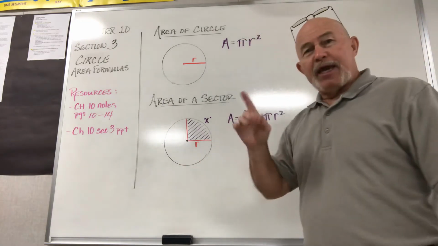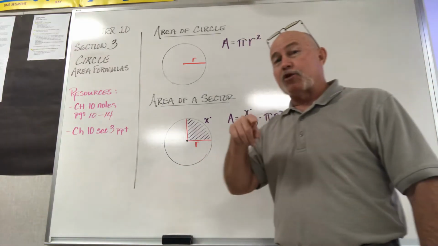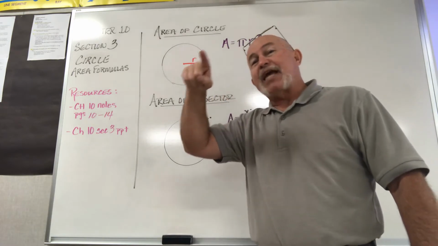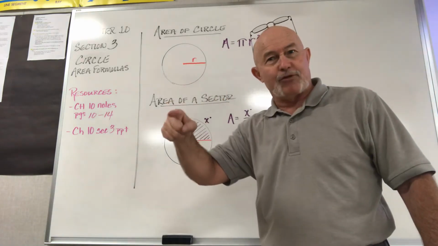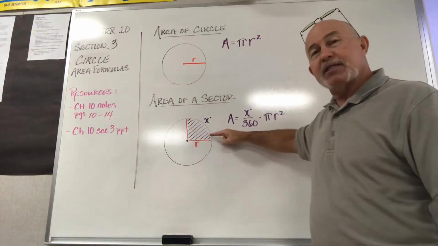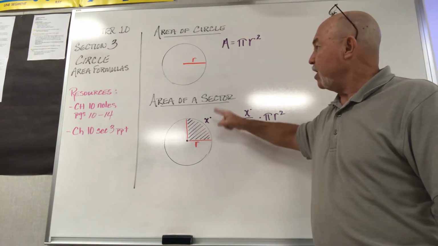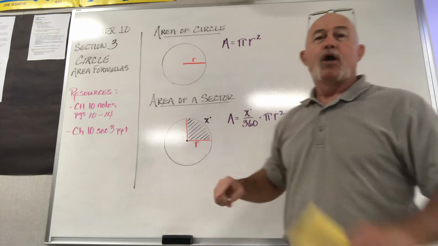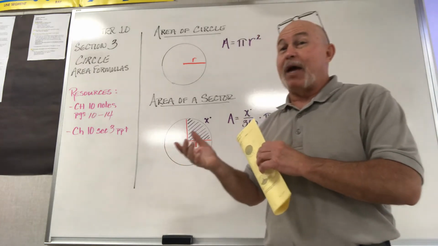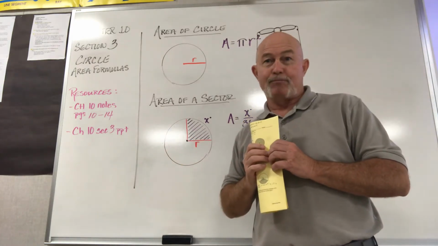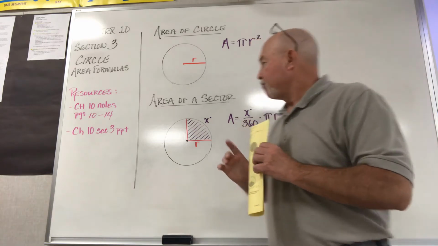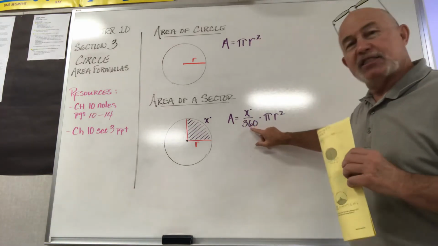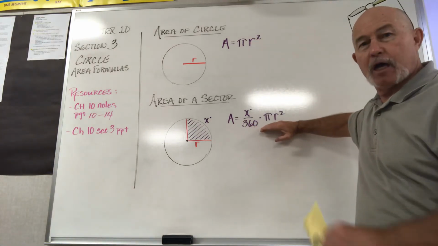Now, if you remember back to when we talked about circumference and we talked about an arc length, we're going to do just about the same thing with the area. This is called the area of a sector. We can look at it as a piece of pie, preferably pizza pie. So once again we take a fractional part of the formula.